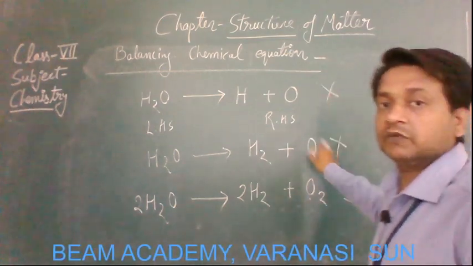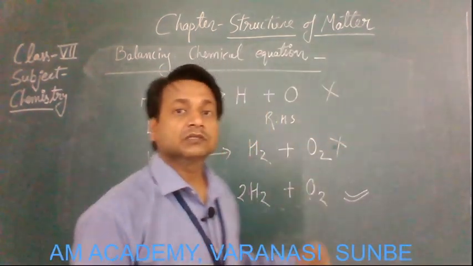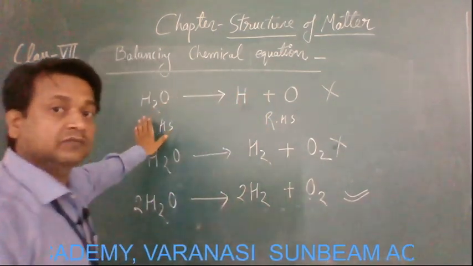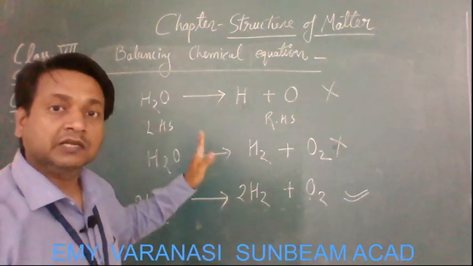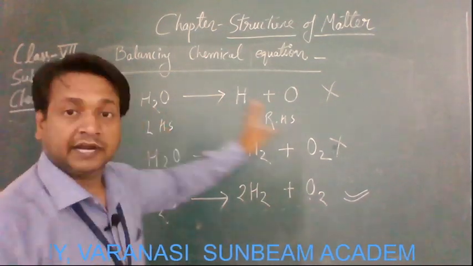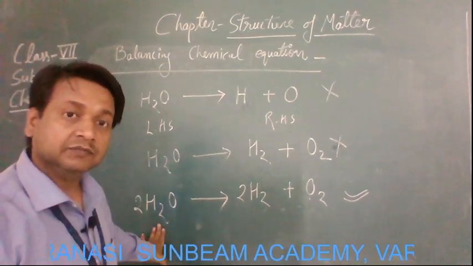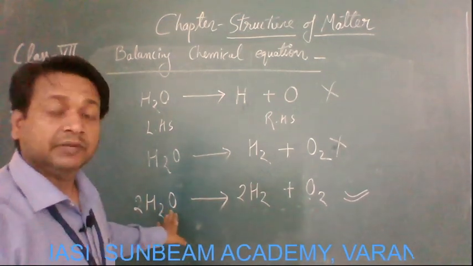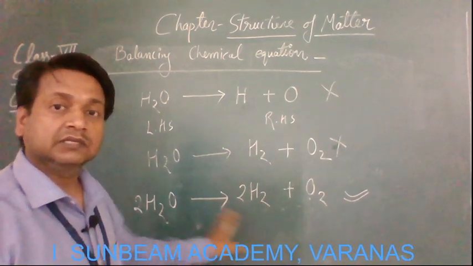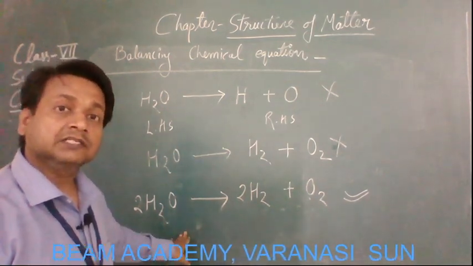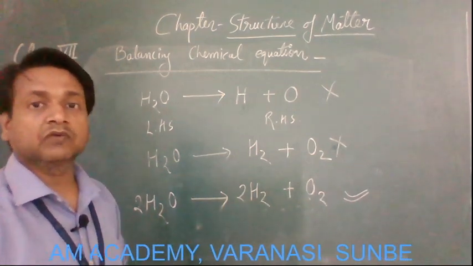These both equations will be considered incorrect because the number of atoms of these elements is not equal on the left hand side and right hand side. But in the third one, the number of atoms of all the elements is equal on both sides. So this chemical equation will be considered correct and it is termed a balanced chemical equation.